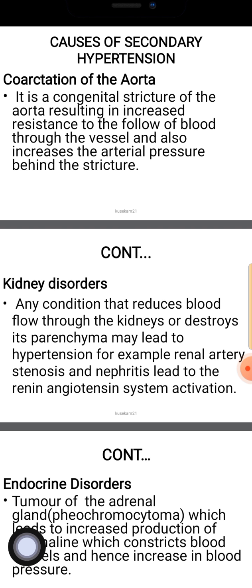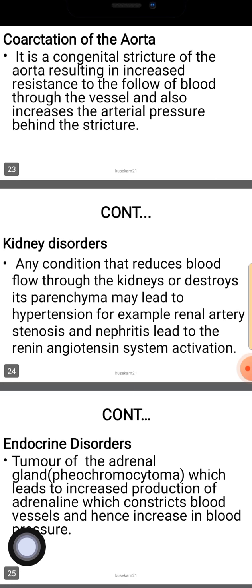For secondary hypertension, it's one where we can know the causes that are bringing the hypertension. For this one, we have coarctation of the aorta. It is a congenital stricture of the aorta resulting in increased resistance to the flow of blood through the vessel, and also increased arterial pressure behind the stricture.